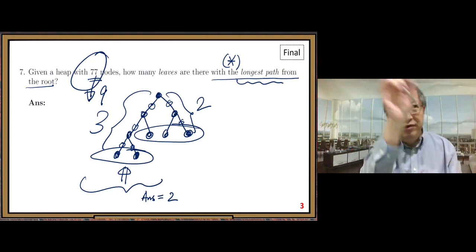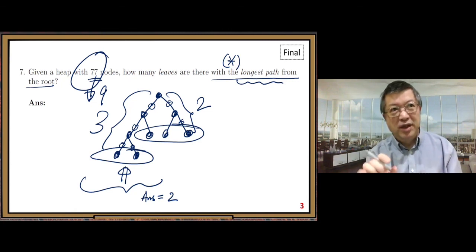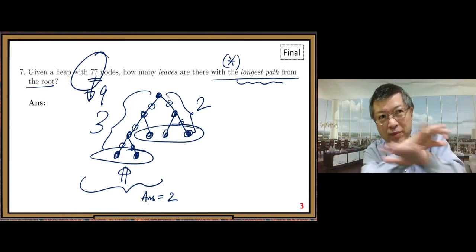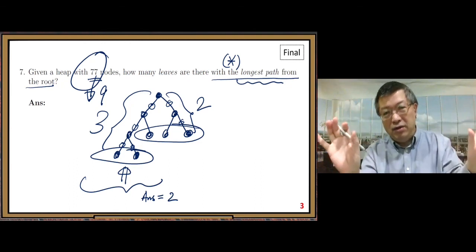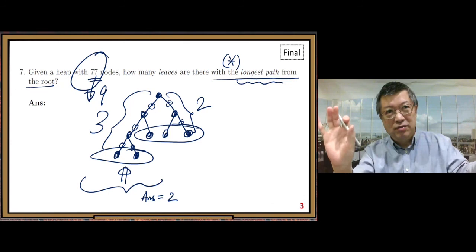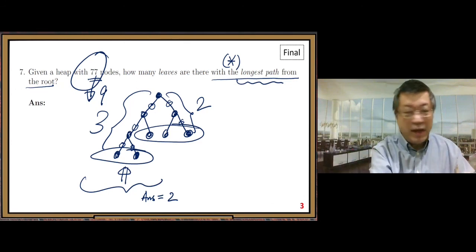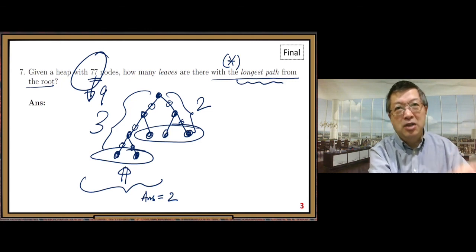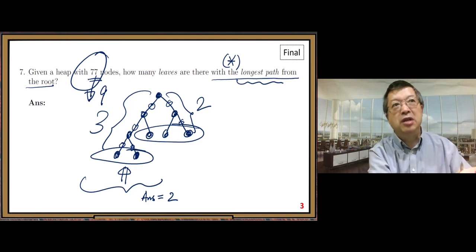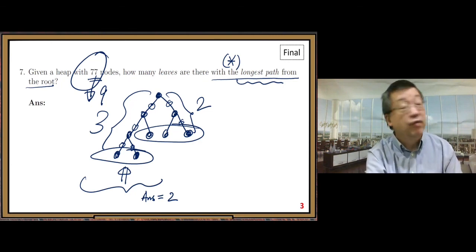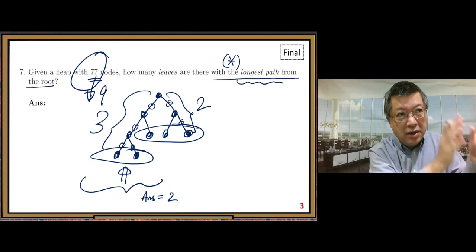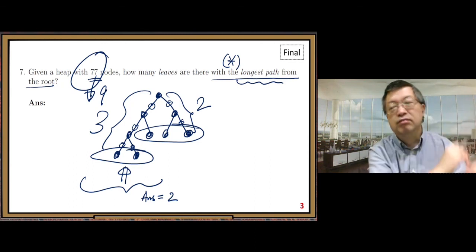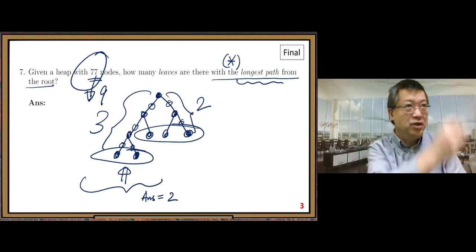Try to fill all the levels. 77, stop, you fill all the 4 levels. Then you have a last level that's not full. Now you count the last level. How many elements in the last level, not full? The number of elements in the last level, that's your answer.